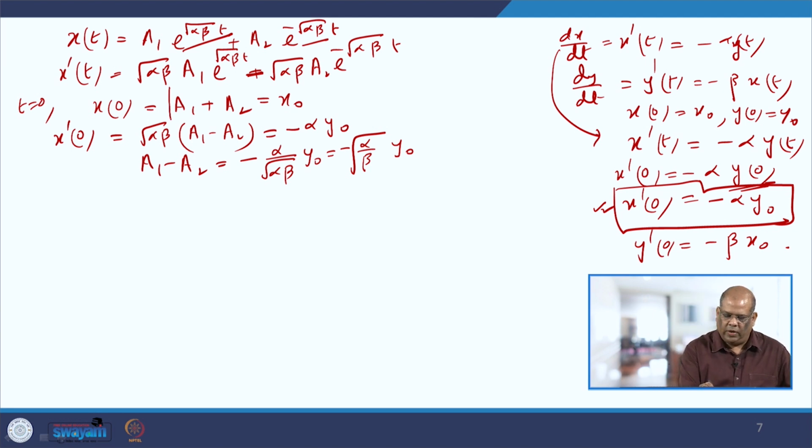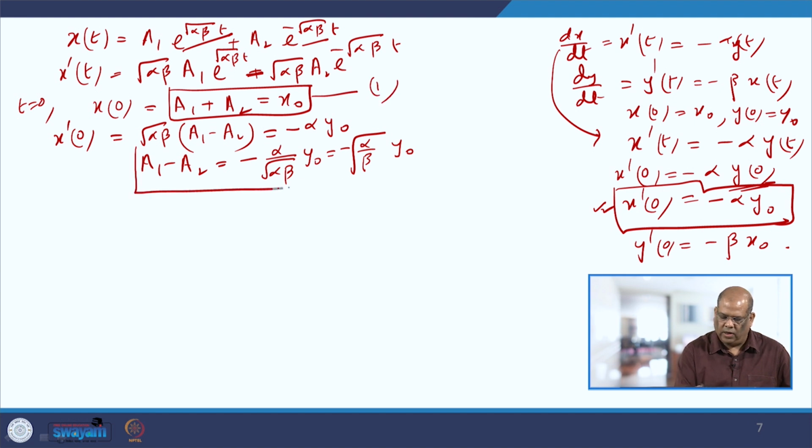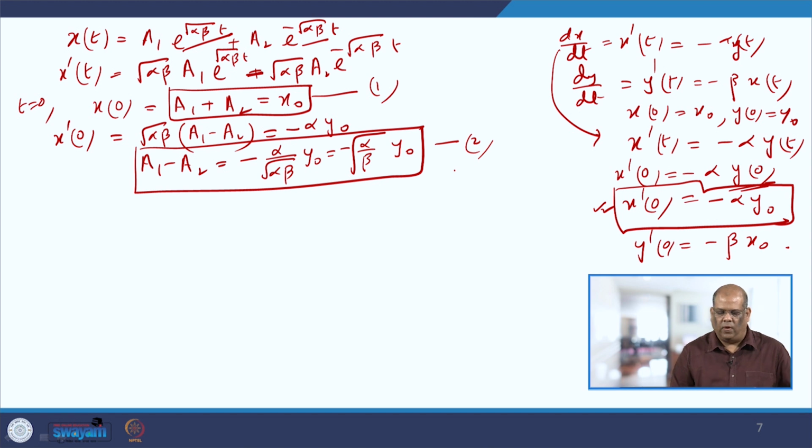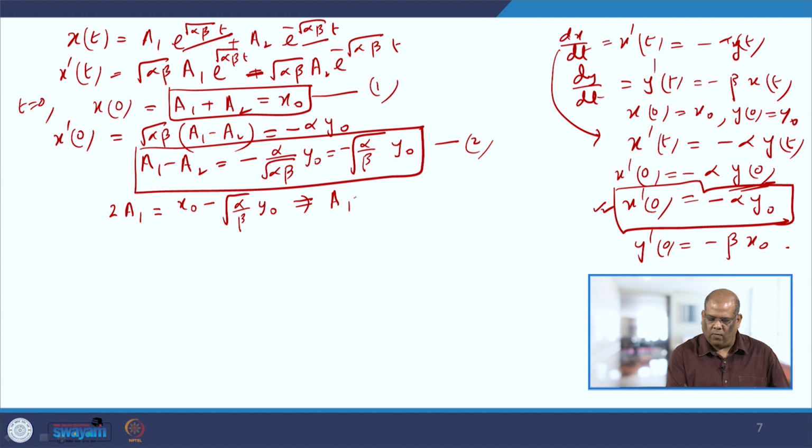So, I have this equation, say 1, and I have this equation, say 2. So, I just solve for a1 and a2 from 1 and 2. If I just add them, 2a1 is equal to x0 minus root of alpha by beta y0, which implies a1 is half of x0 minus root of alpha by beta y0.